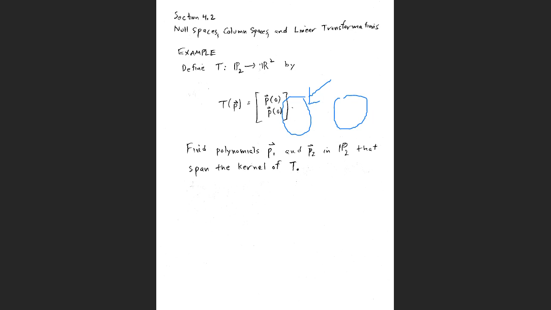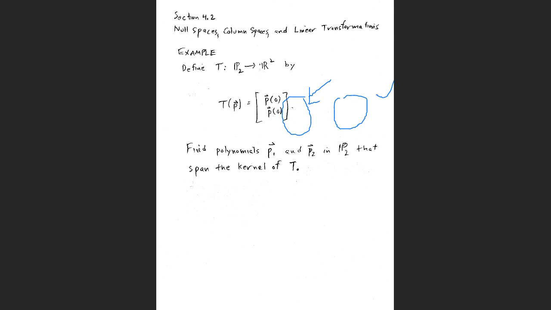Second degree. Good, Nafani. So we're mapping second degree polynomials to vectors in the xy plane. And this transformation isn't the T of x equals A times x that you're used to seeing.